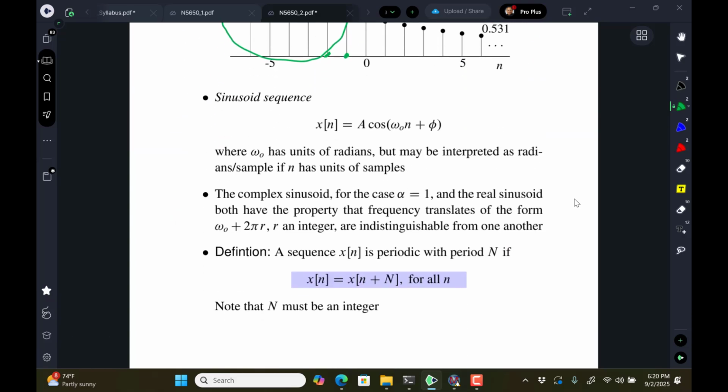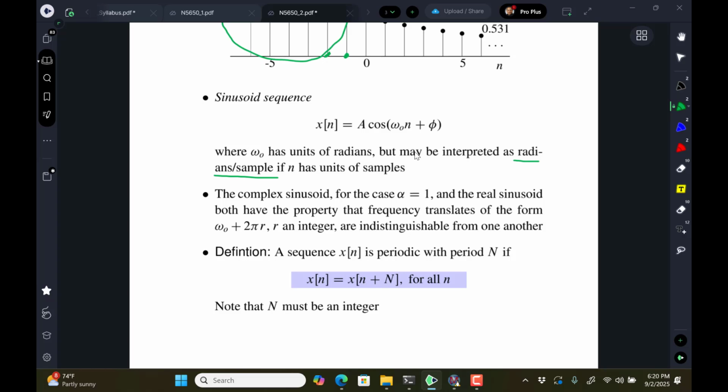We get the sinusoidal sequence by just taking the real part or just thinking of the cosine component. And this is a nice looking signal, A cosine of omega naught n plus phi. So we can interpret omega naught as radians per sample, even though samples don't really have a unit associated with them.